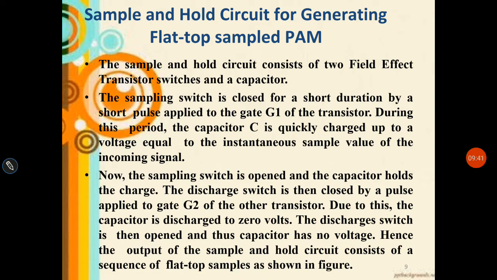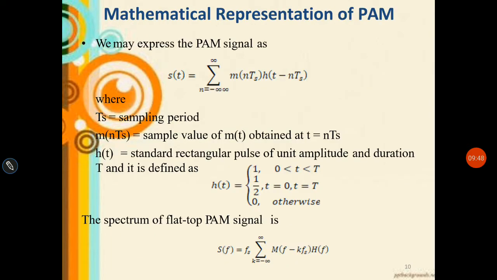Here this operation is what I said earlier. So now the mathematical representation of PAM.